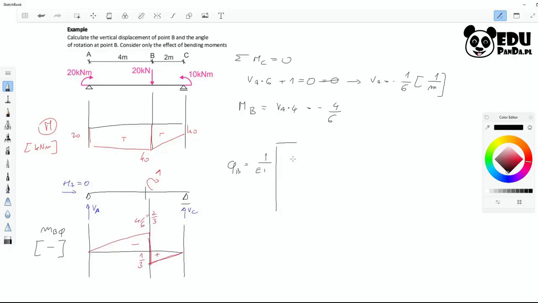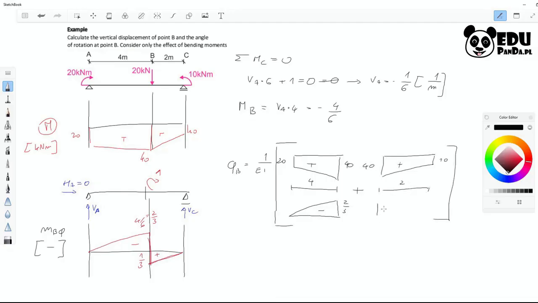In the interval AB, we have it the same as before, 24 in positive. The length of this interval is 4 meters. However, note here, this is in the negative, we have 2/3. In the middle, we write minus. Add 40 and 10, also on the plus side, it's 2 meters. And here we have 1/3, similarly to above on the plus side.